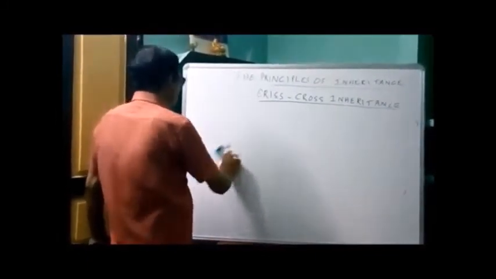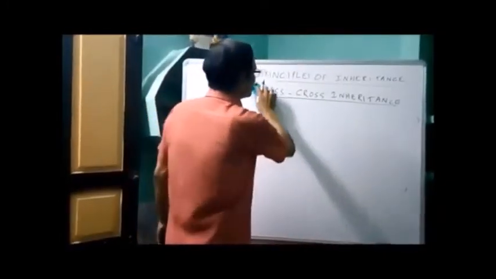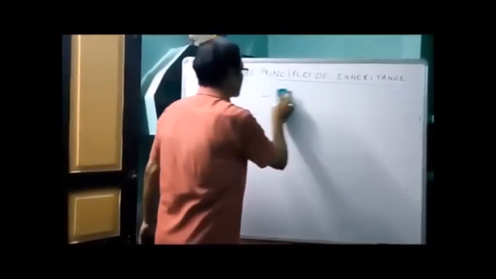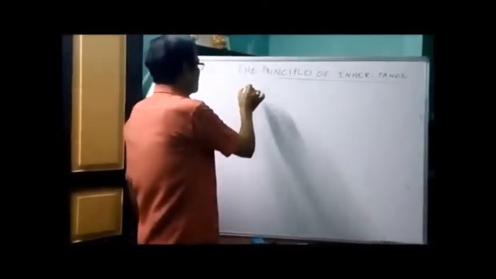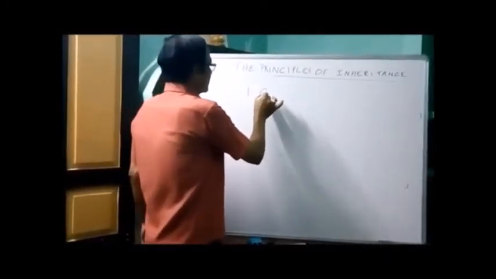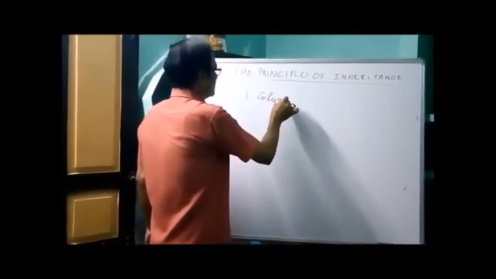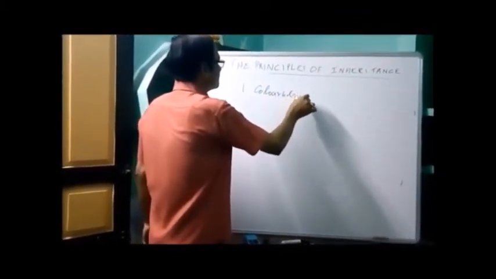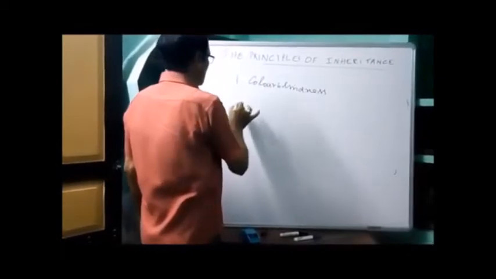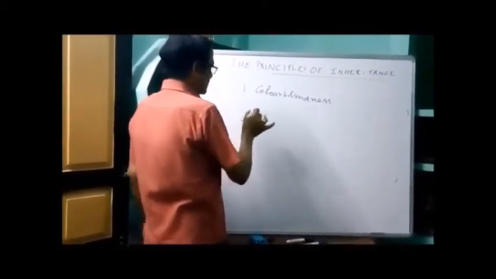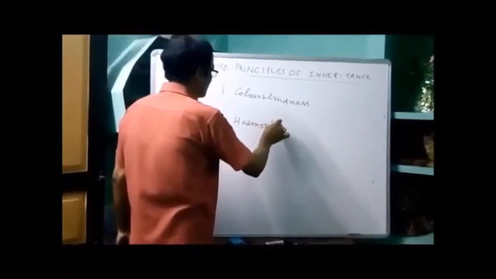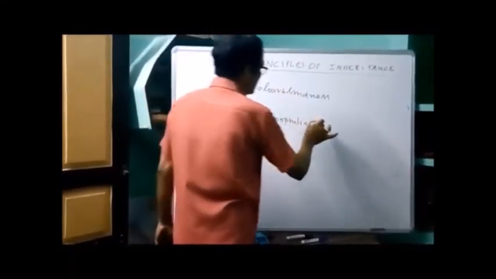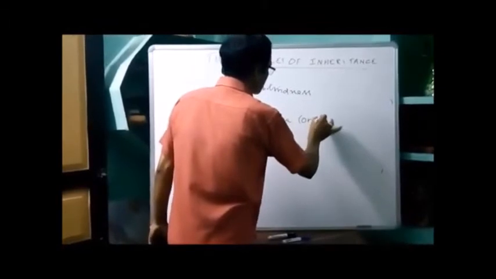Now we have many examples of the crisscross pattern of inheritance, or sex-linked inheritance, and mostly they are disorders. Number 1, color blindness. Number 2, hemophilia, or bleeder's disease.